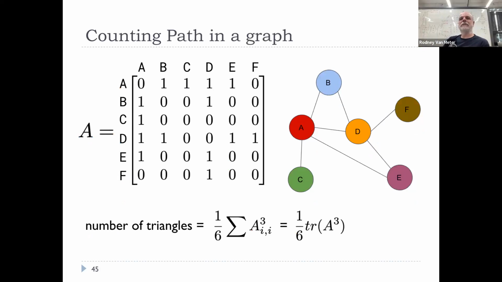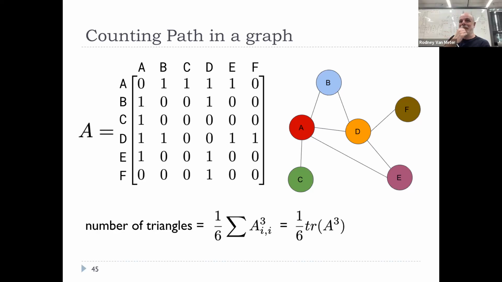We did this. To count paths of length 3, we take our adjacency matrix A and we cube it. A to the 3rd counts the number of paths on the graph here.